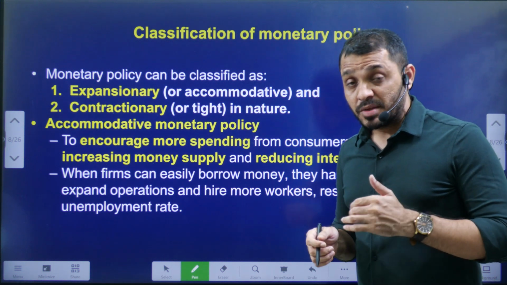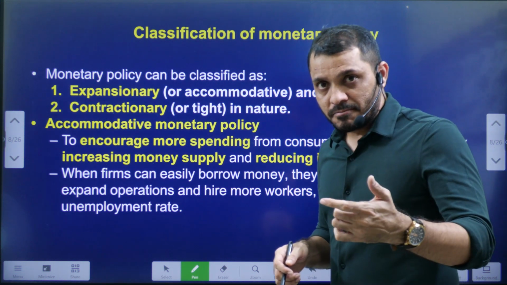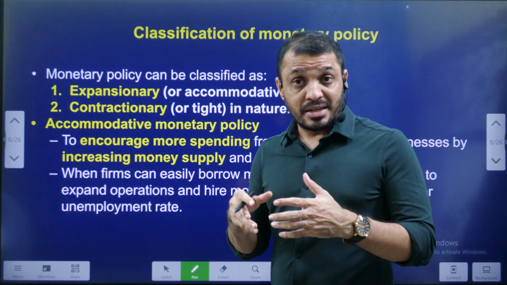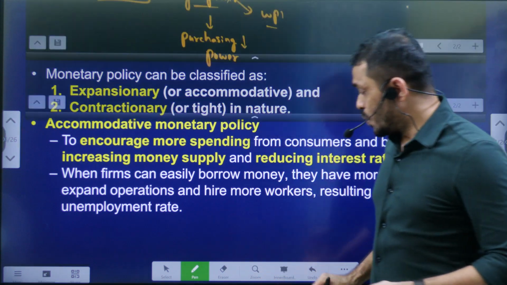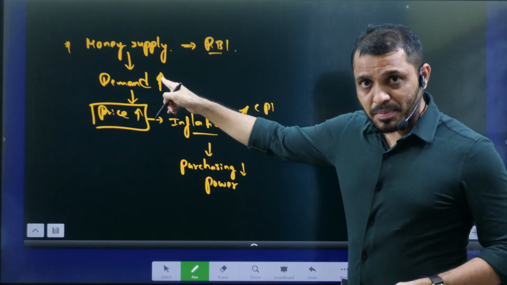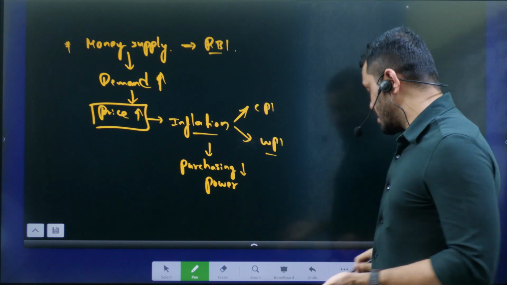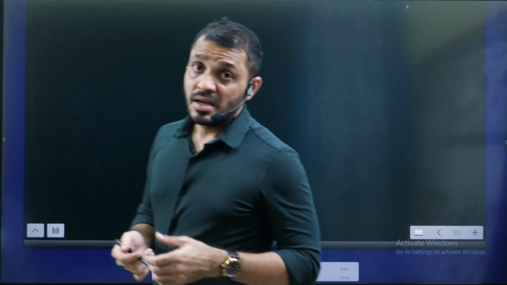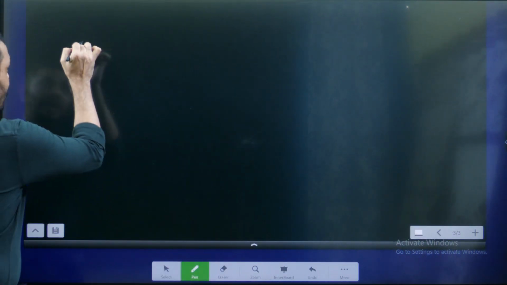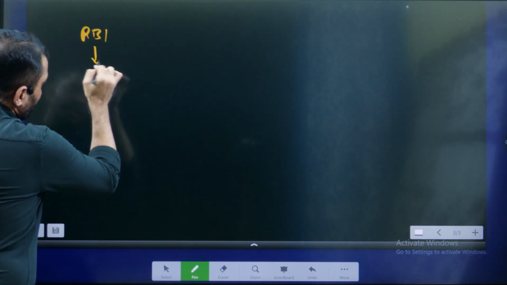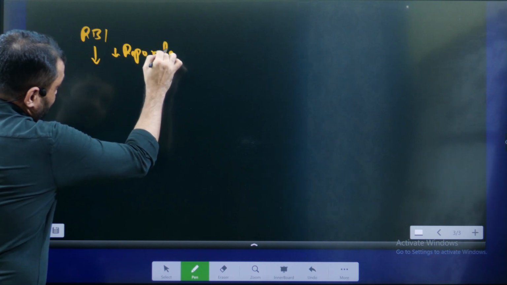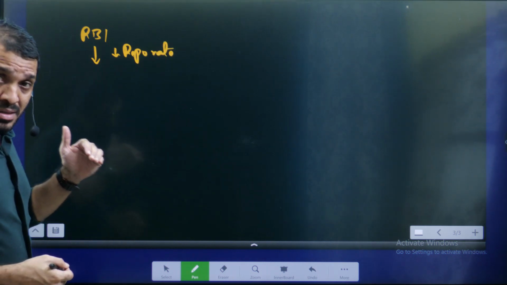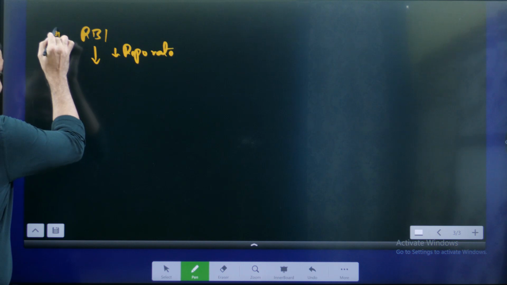Now, let's see. If the economy needs more money, that means if the economy needs a supply of money, then what will the RBI do? RBI will increase the money supply through various quantitative tools. For example, if RBI reduces the repo rate, that means banks will get money at a lower rate of interest.